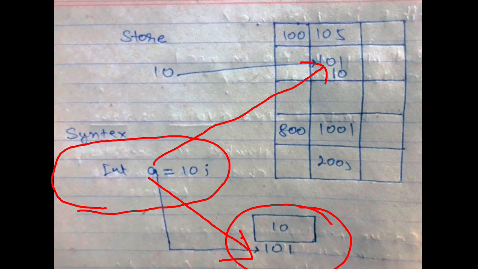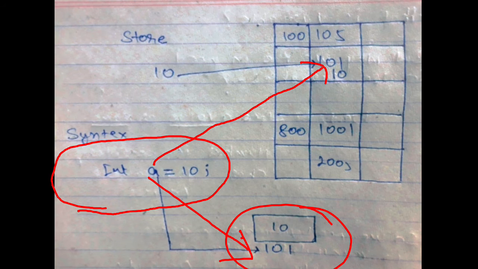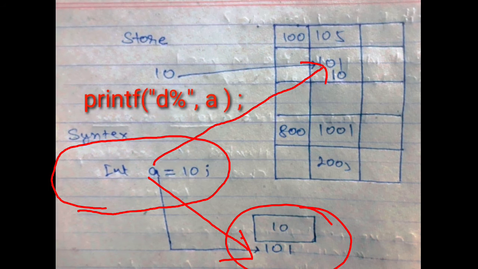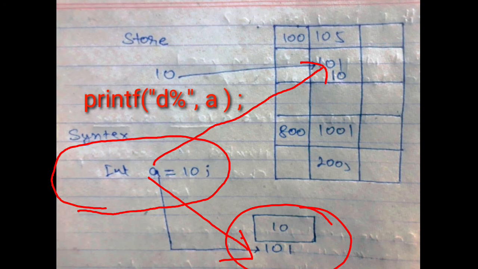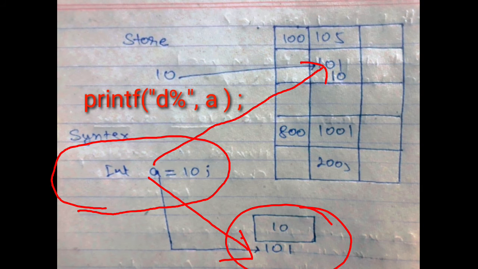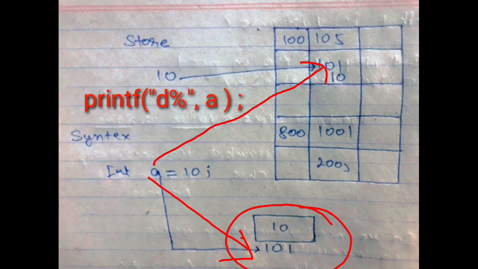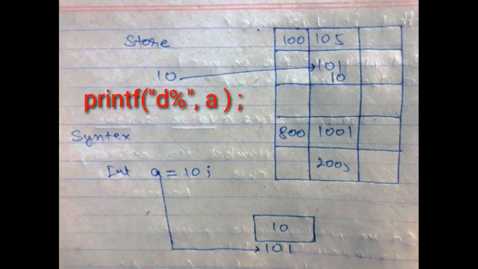When you try to retrieve your data, here's the syntax: you simply print a. You are explicitly telling the machine to access the data which is stored at memory location 101. So this is how it is done internally.